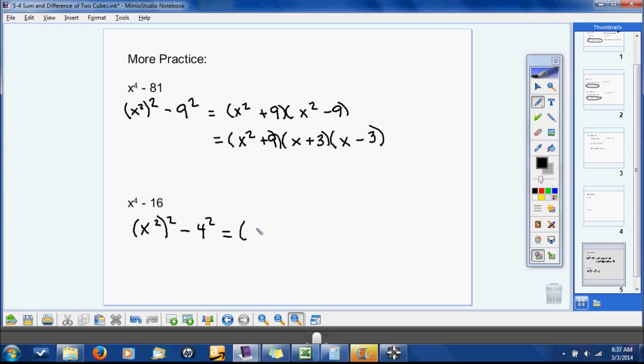So that gives you x squared plus 4 and x squared minus 4. This part is finished. There's nothing else you can do with a sum of two squares. But this part can be broken down into x plus 2 and x minus 2.